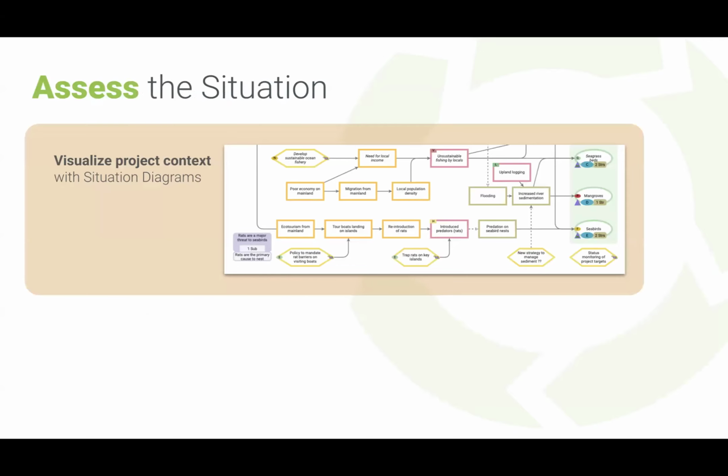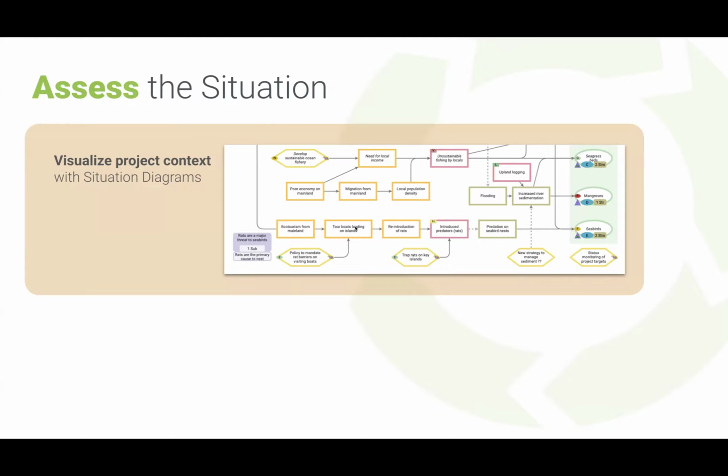Miradi has a set of tools for helping you assess the situation. So the assessment step is really about getting very clear about what the problem is that you're trying to address. So these diagram tools help you map out, really develop a logic model or conceptual model, identifying the things you care about conserving. So on the right here, you've got your conservation targets. The threats here in pink, what are the threats that are degrading those targets?